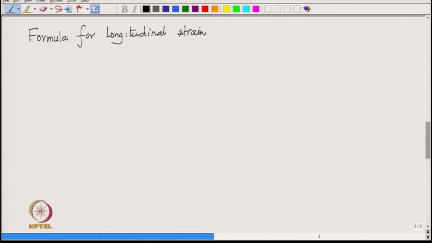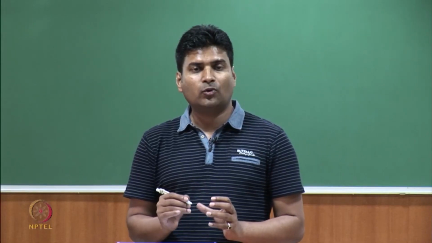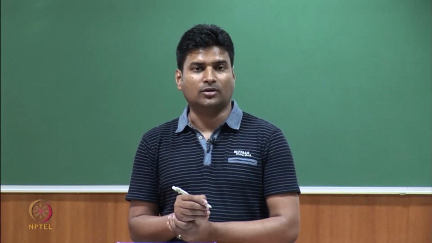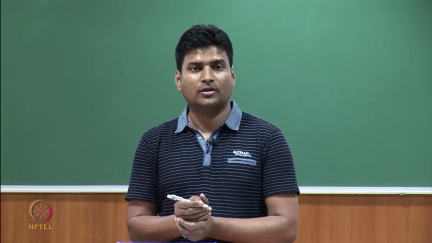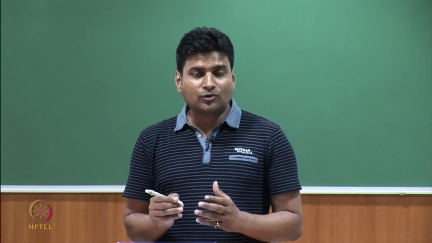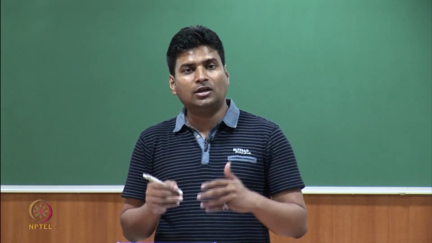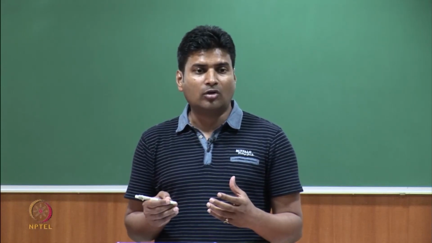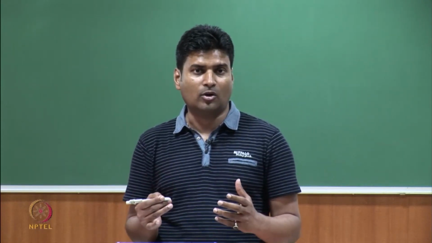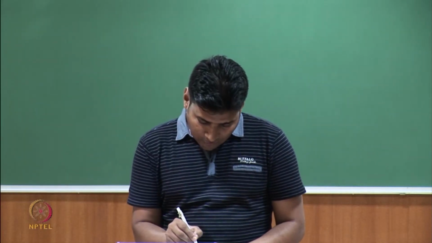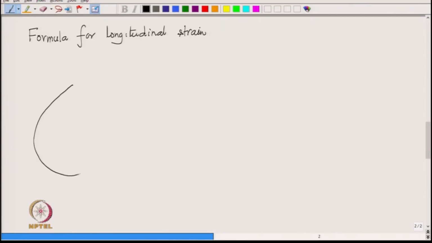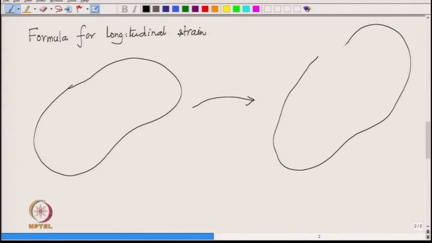Okay. So, we have to have a reference configuration relative to which we are going to measure the displacement in the body or the deformation of the body. And the reference configuration could be the configuration at t equal to 0, or it could be the configuration when there is no load acting in the body. Okay. So, suppose this is our reference configuration, and after deformation this is the deformed configuration.